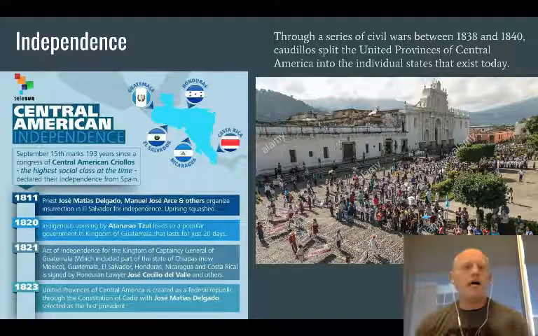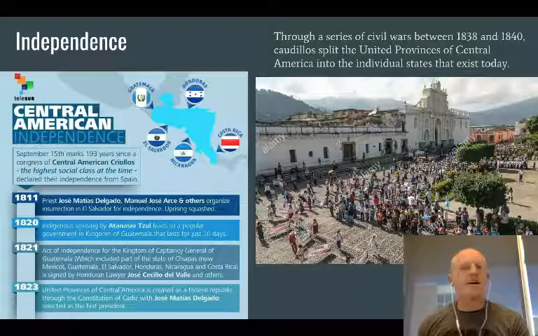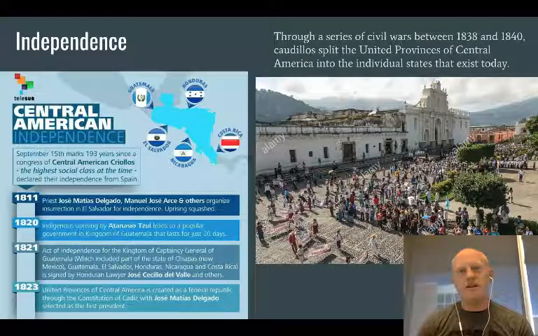Just briefly, Guatemala gained its independence along with Mexico in 1821 and along with the rest of Central America that same year. Guatemala was not an independent nation in 1821, although Independence Day is still celebrated on September 15th, which was that early date for independence, when the United Provinces of Central America were created.